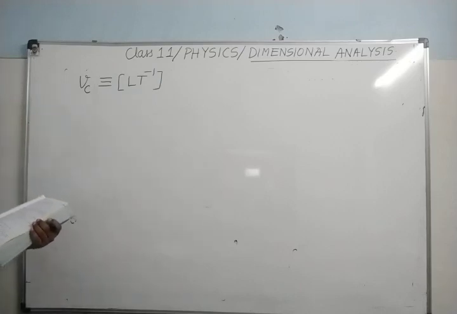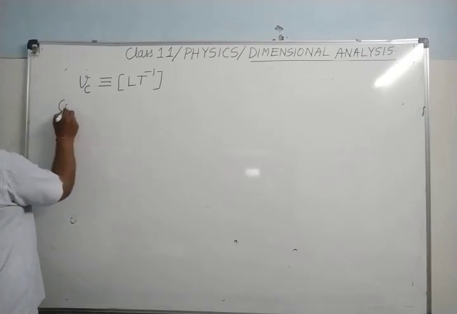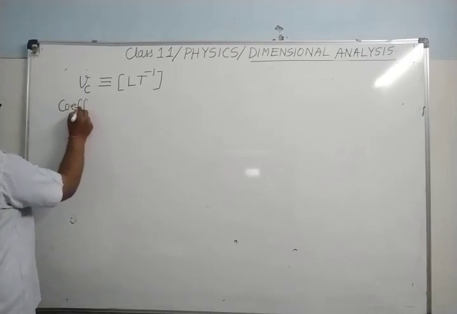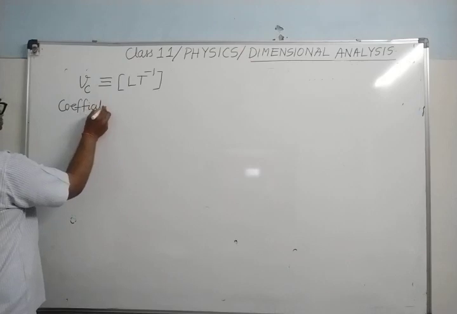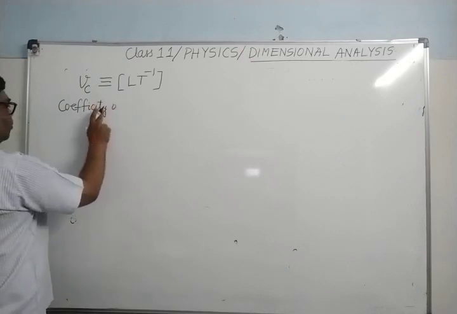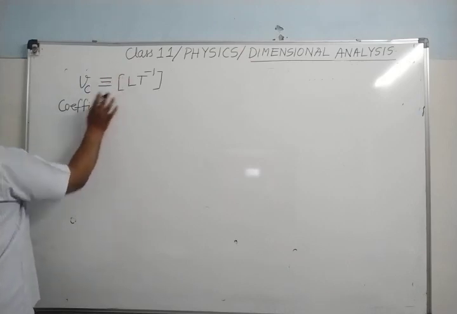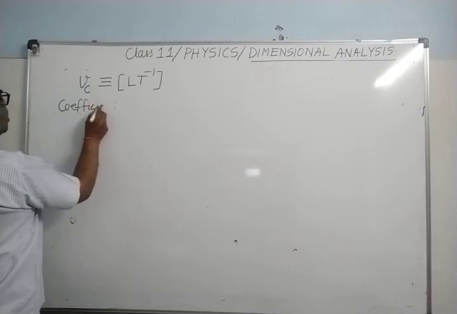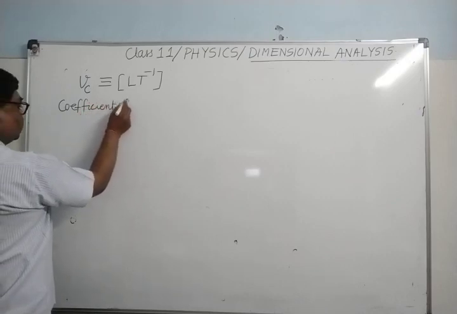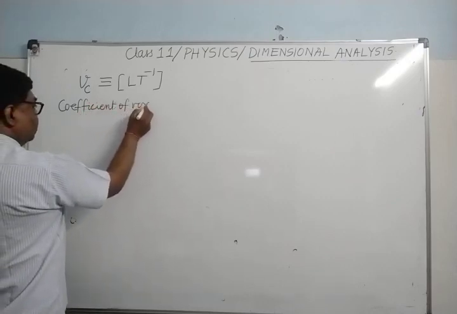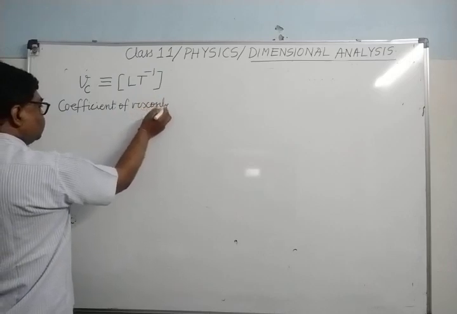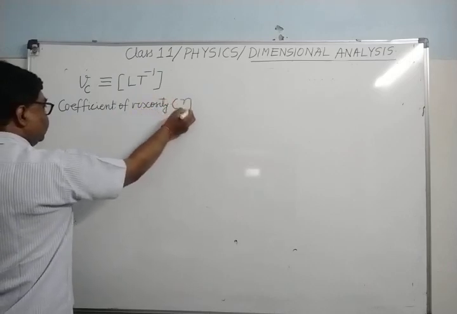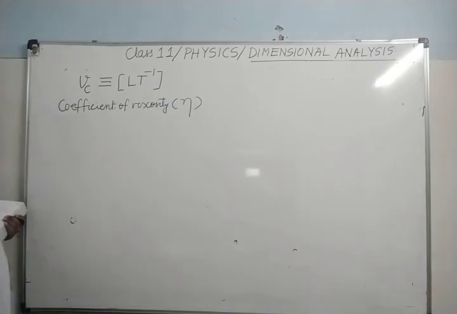Of a liquid flowing through a tube depends upon the coefficient of viscosity. Here this is a term which you will know afterwards. This coefficient of viscosity, its symbol is eta. What is its dimensional formula? I will tell you. Then density.